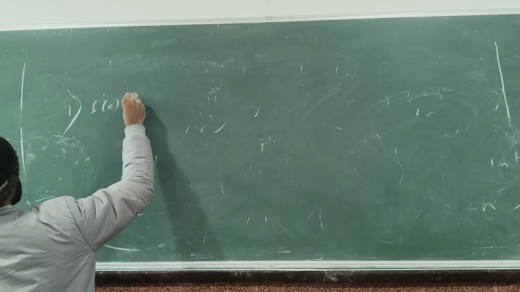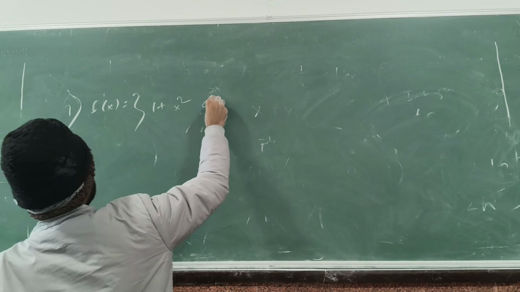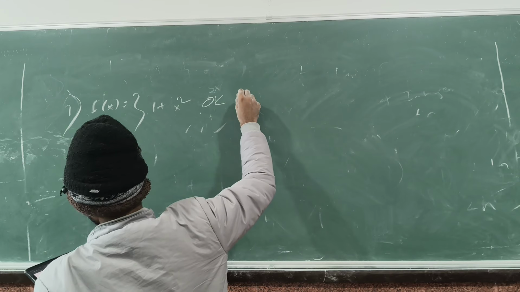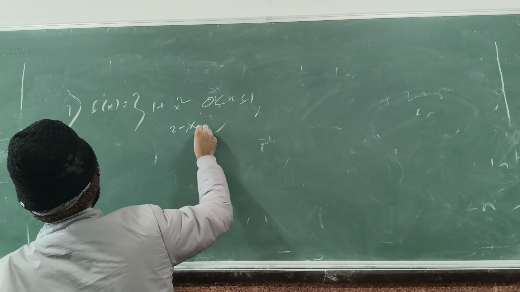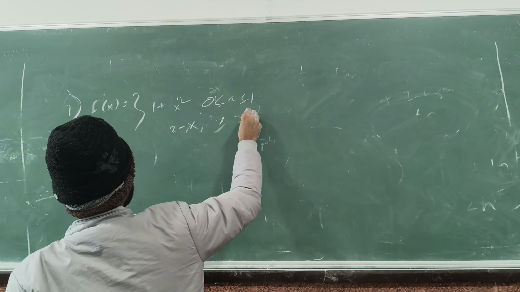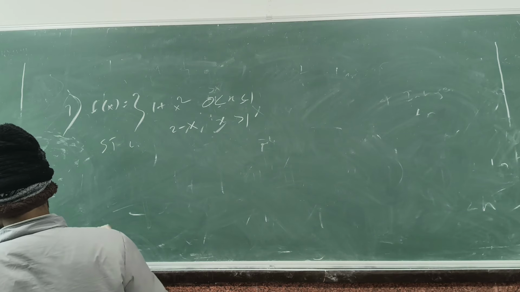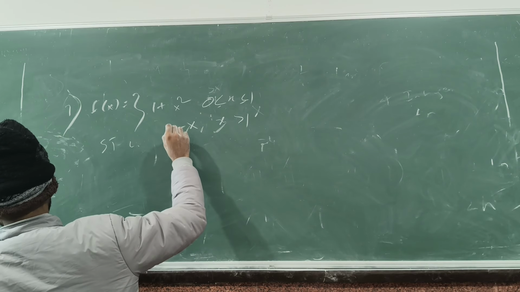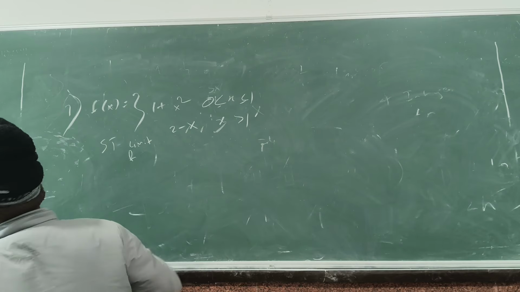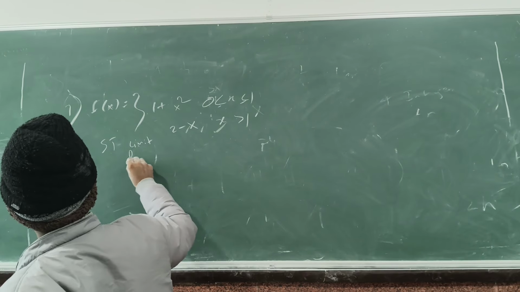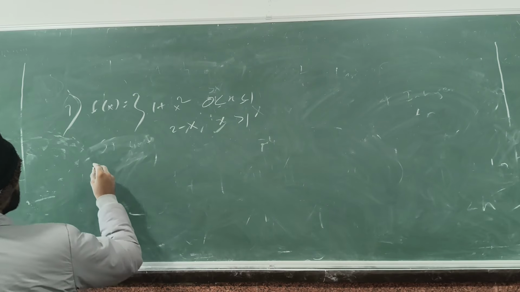f of x equals 1 plus x square for 0 less than x less than or equal to 1, and 2 minus x for x greater than 1. Show that the limit does not exist at x equals 1.